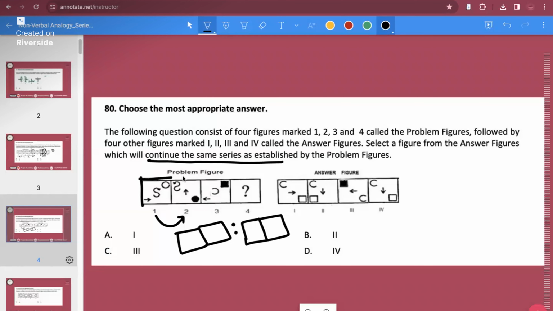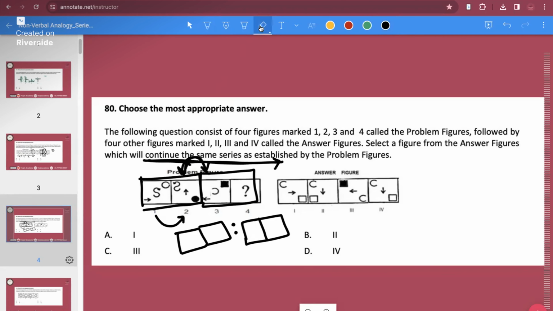We cannot simply find the relationship between these two and then these two, right? These types of questions will also come in the non-verbal analogy part. We have to find the relationship among all these four at a time, right? So there has to be a relationship between 2 and 3 as well, right?